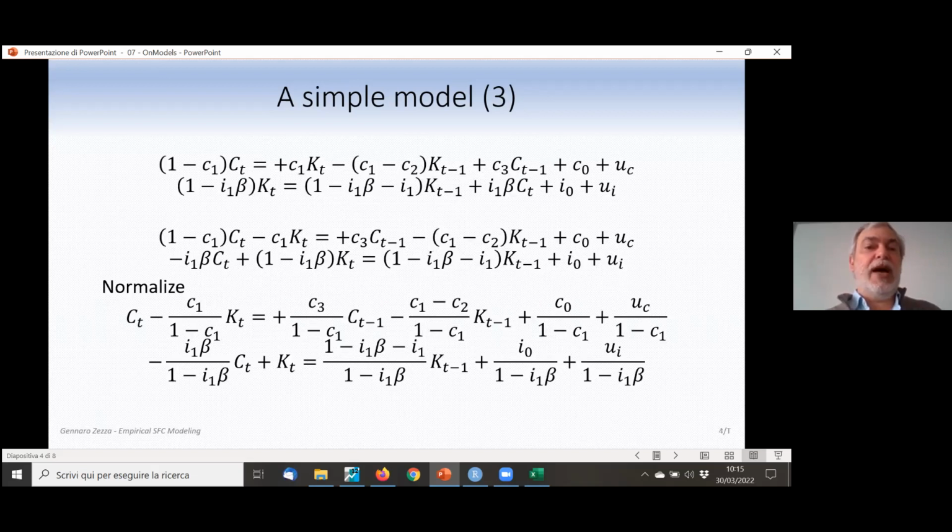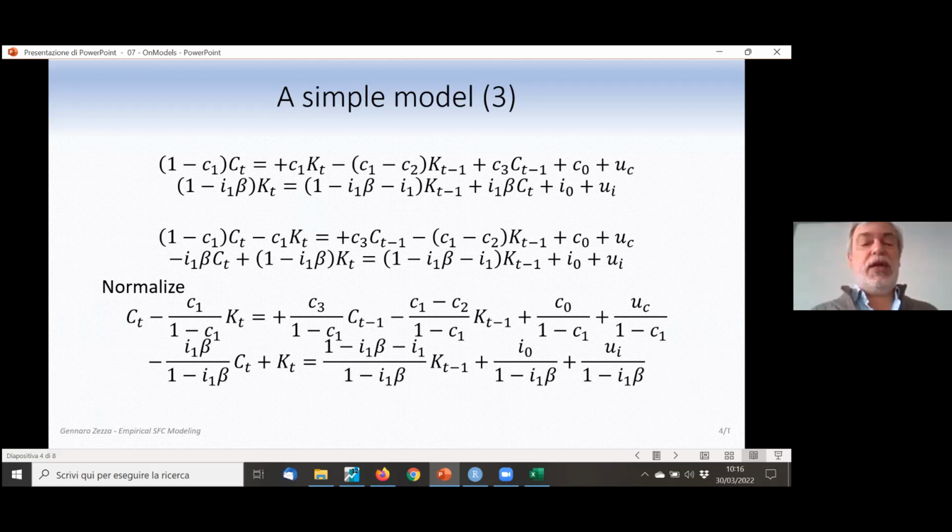And I can finally bring the endogenous variables, which are only two, which are consumption and the stock of capital, to the left-hand side of my system, and the other variables on the right-hand side, and this will be the lagged values of consumption and the stock of capital, plus the two constant terms, C0 and I0, which summarize exogenous variables, plus the random components of consumption and investment.